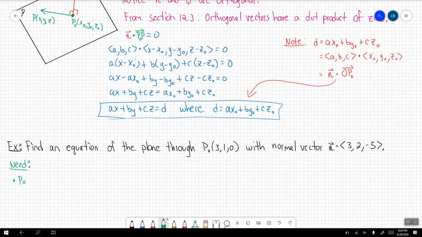Number one, a point on the plane. That's one thing that we need. And number two, we need a normal vector to the plane. Those are the only two items.